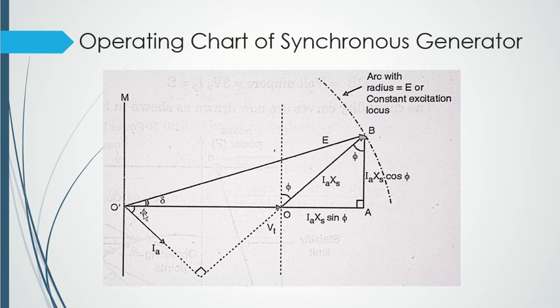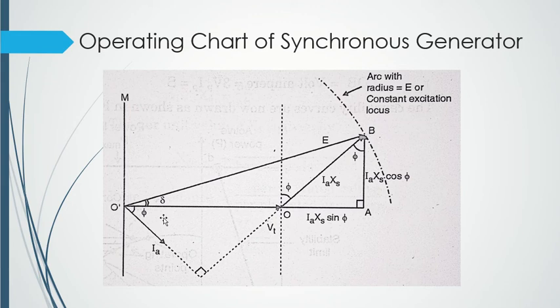Firstly, we will take the voltage across my load as a reference. We named it Vt, right? Then, I'm running my generator at some load, and because of that load I will have some load angle, and that load angle will be delta.